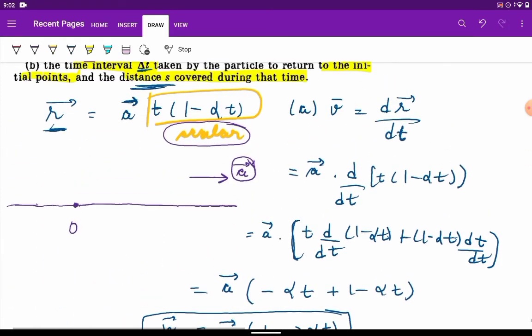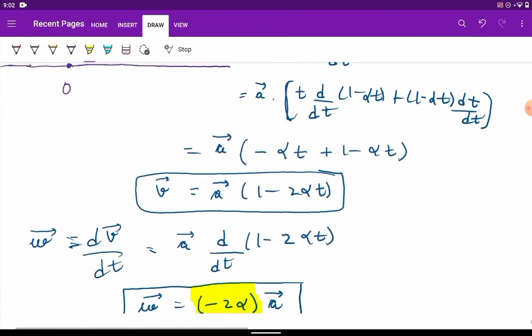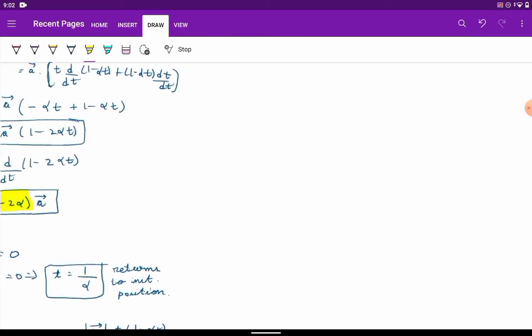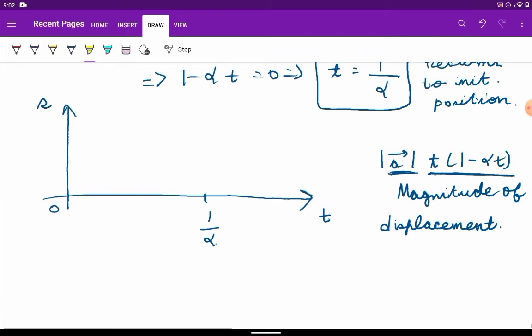Since the double differentiation is negative, it's a parabola that faces downwards. So basically the curve would be something like this, and it will be symmetric across the midpoint of these two.